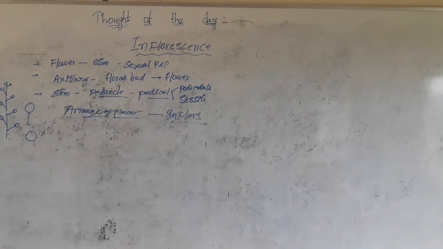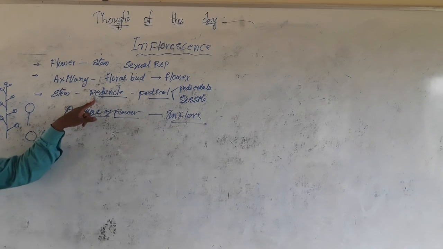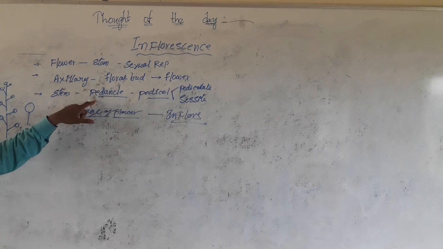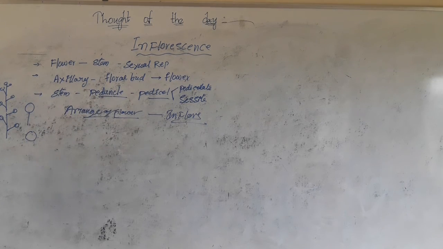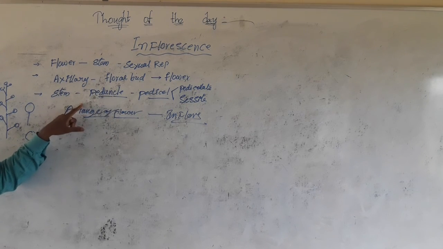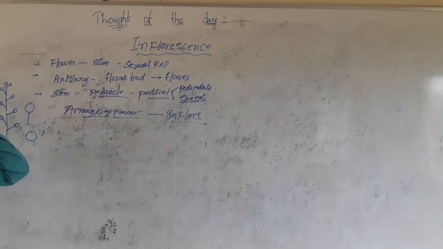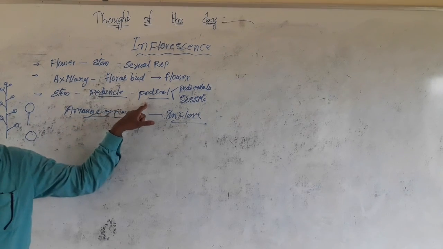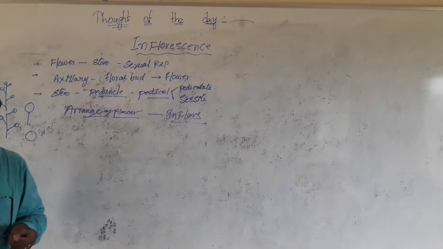Okay, the definitions are very important. What is flower? A modified stem that maintains sexual reproduction. This is the unit of sexual reproduction. What is peduncle? The modified stem that contains a group of flowers. What is pedicel? The stalk of the flower is called pedicel.